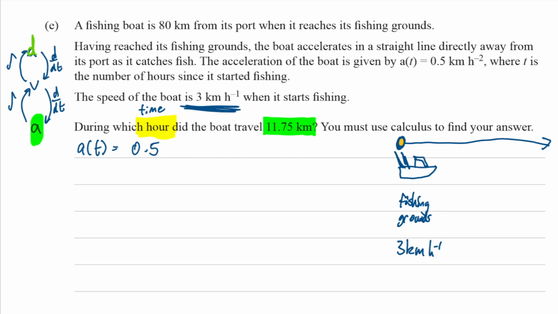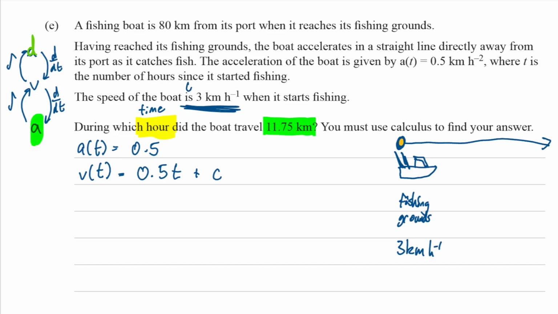From acceleration to get speed, we anti-differentiate. The antiderivative of 0.5 is 0.5t plus our integration constant. In a kinematics problem, what that integration constant means is the initial speed. We know the speed of the boat when it starts fishing, at the orange point, is 3.